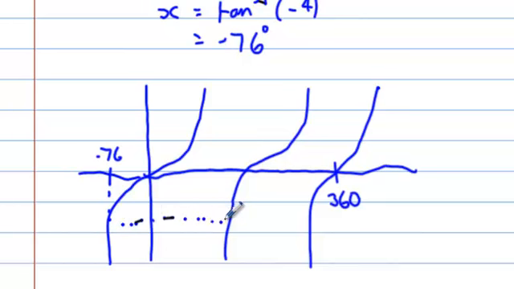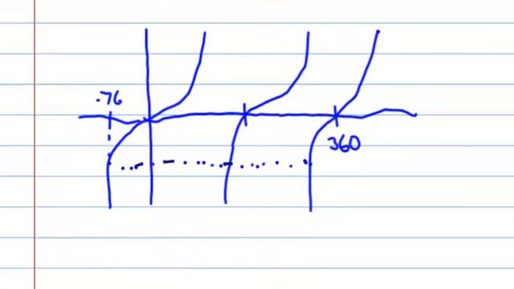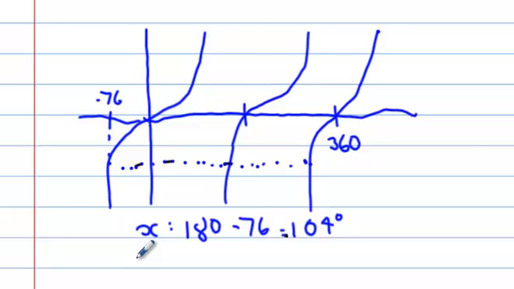So if we take that across, excuse the quality of that diagram, then we've got 180 here, so we'll be 76 to the left of that. So we'll have a solution for x of 180 minus 76, which is 104 degrees, and we've got another solution that's 76 degrees to the left of 360.